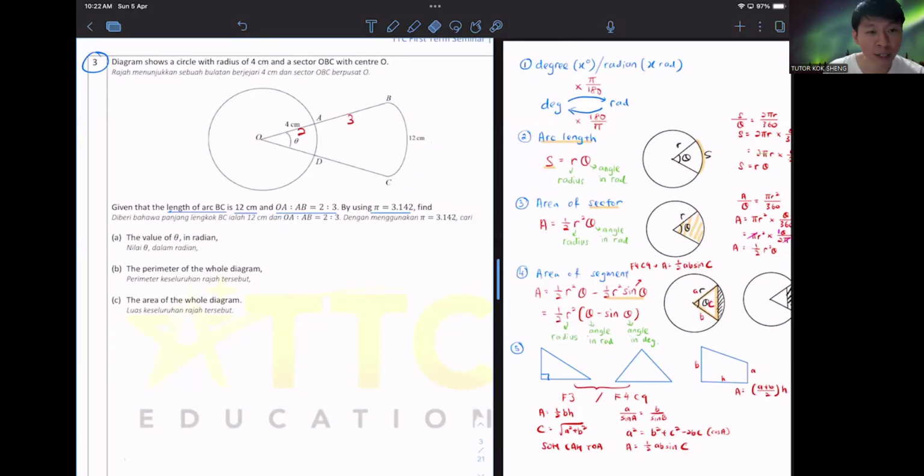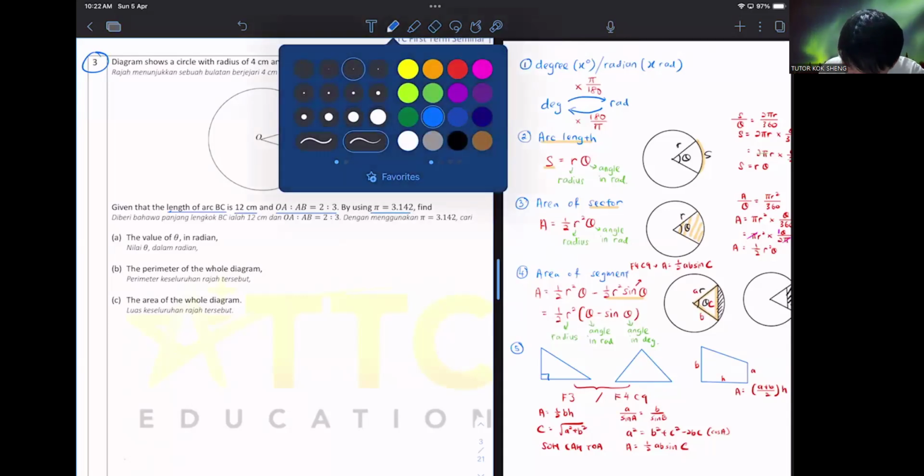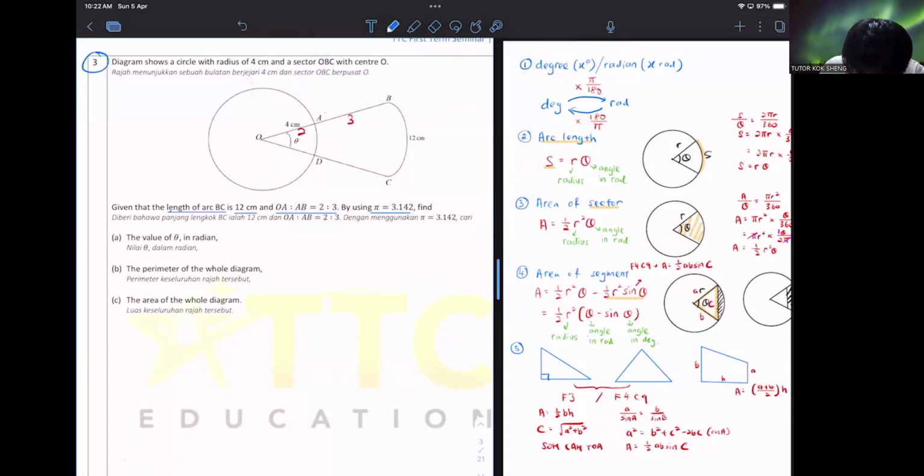Nice. From here, we should be able to calculate the length of AB by following the ratio. Using 4 cm for ratio 2, we divide by 2 to get the length for ratio 1, and then we times 3. 4 divided by 2 times 3 will be 6.